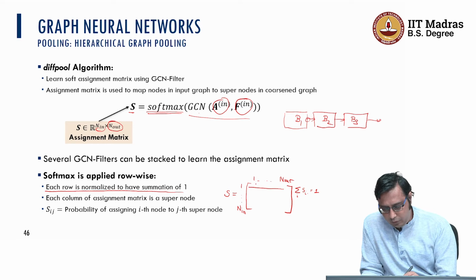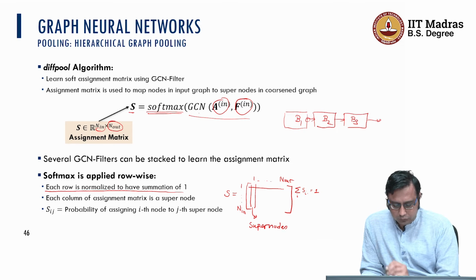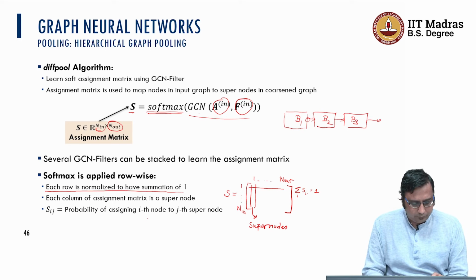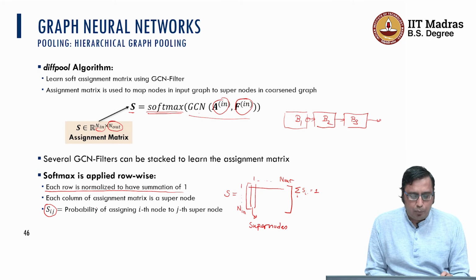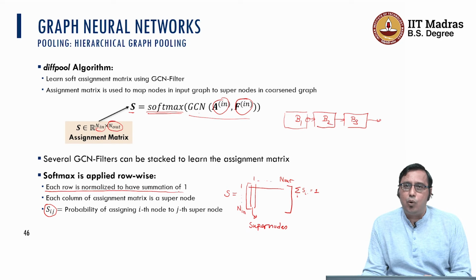Remember that each column here represents a supernode. Hence, the S_ij element in our assignment matrix provides us the probability of assigning the ith node to the jth supernode. And based on that, we can go ahead and generate a coarsened graph.